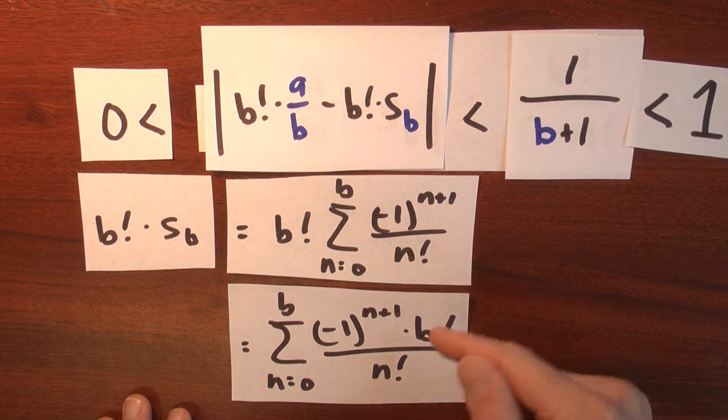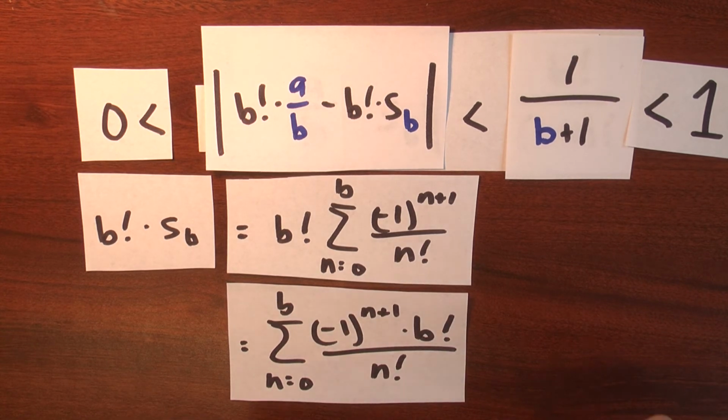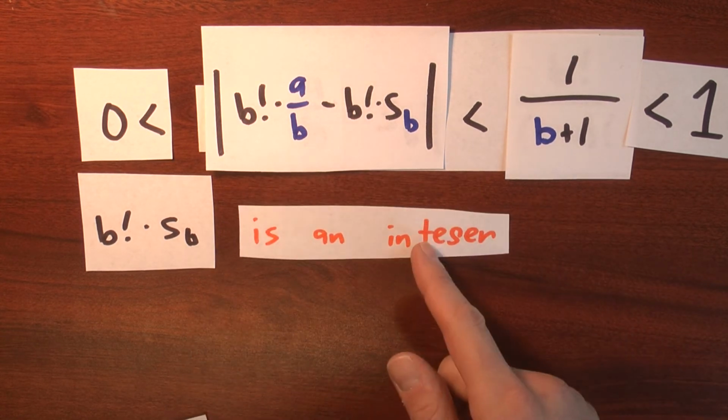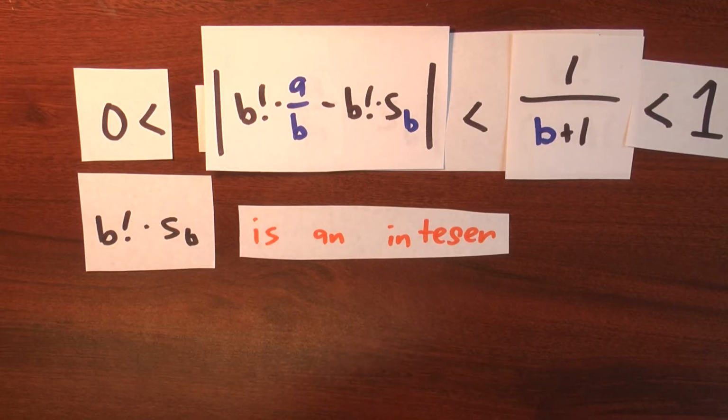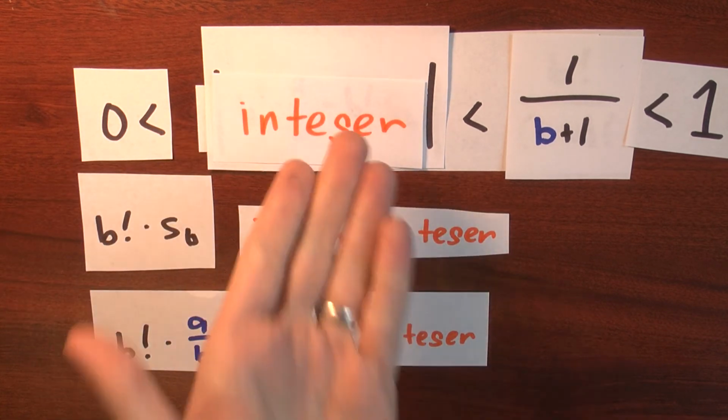Now what do I know? b is at least as big as n. So b factorial divided by n factorial, that's an integer. This is the sum and difference of integers. That means that b factorial times the bth partial sum is an integer. And that is problematic. Because if this is an integer and this is an integer, that means this quantity inside here is also an integer.